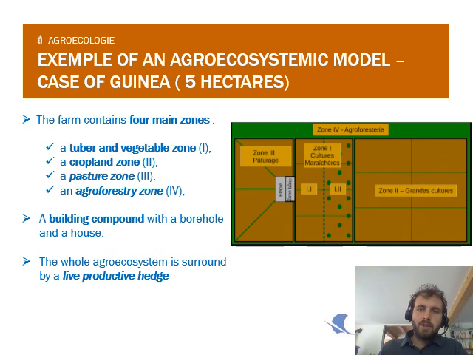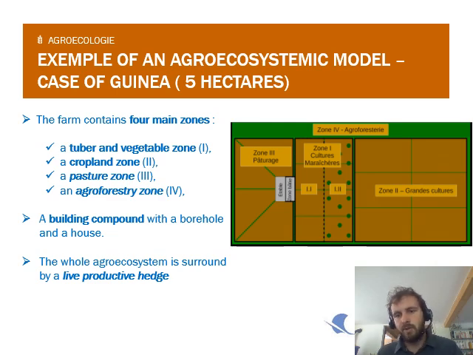Then you have a cropland zone for mostly cereals and legumes, which is bigger on the right. Then you have a pasture zone to feed the animals on the left. And you have an agroforestry zone for mostly food production. You have a building compound where you have a house for watering and an access to water, and the whole agroecosystem, so the whole farm, is surrounded by a live productive hedge.